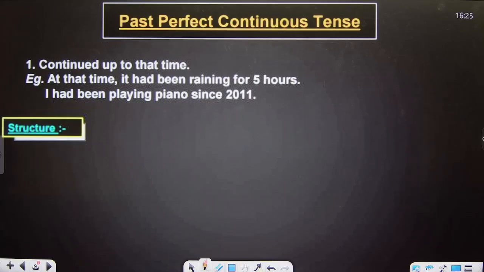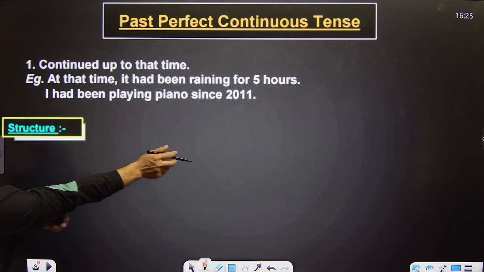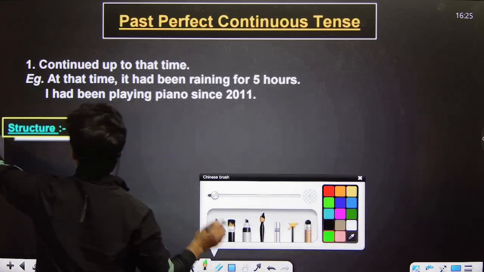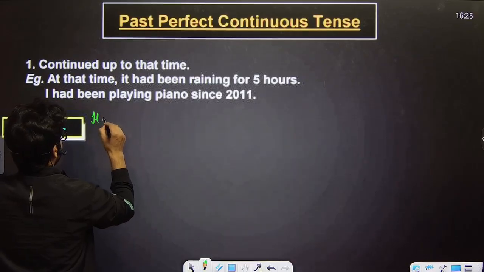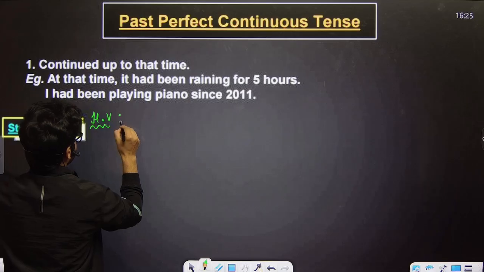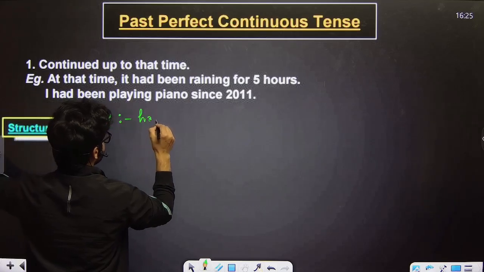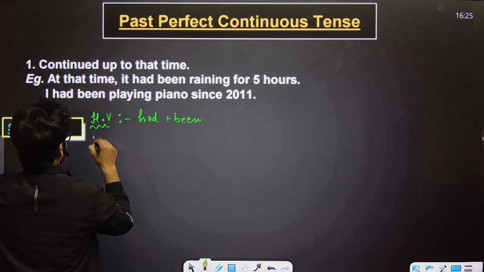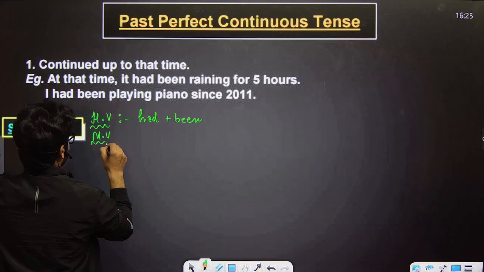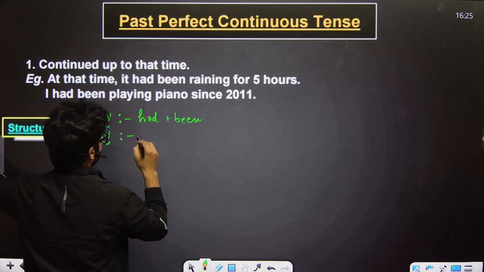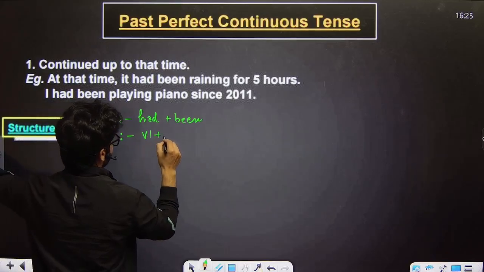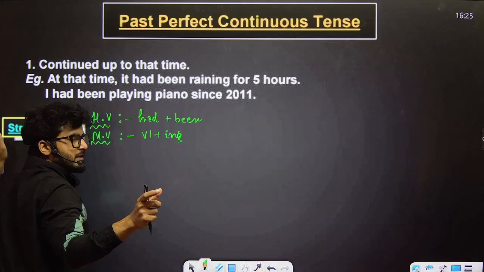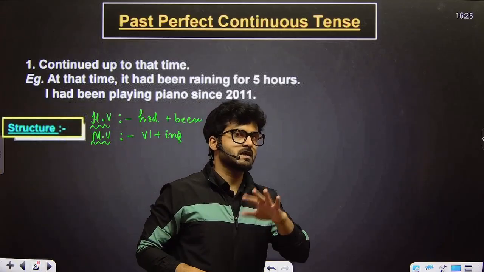So let's discuss the past perfect continuous tense. Here, your helping verb will be had. This is past case. Been. The main verb will be verb 1 plus ing form, continuous. And the time frame will be given to you. I have told you the difference between since and for.